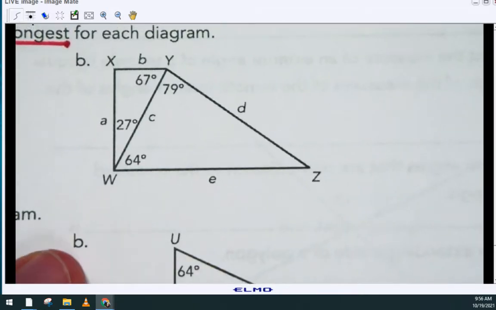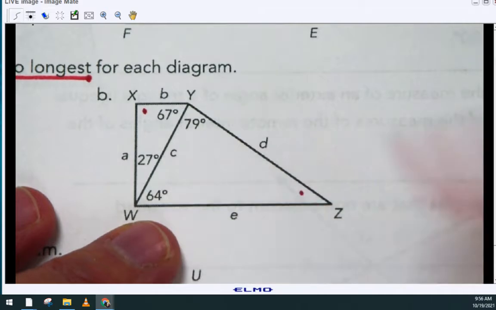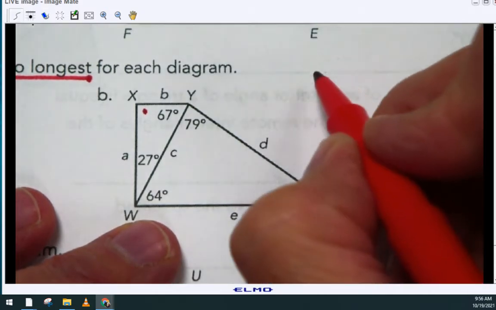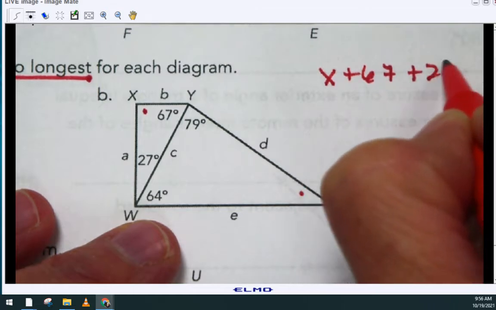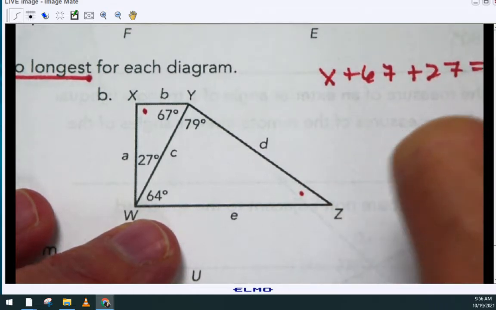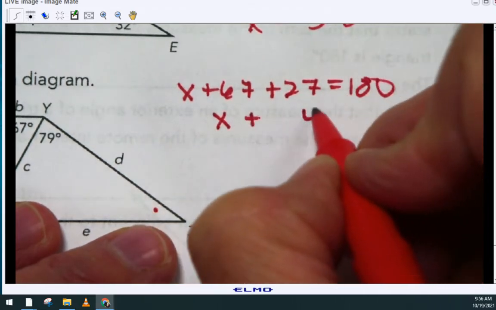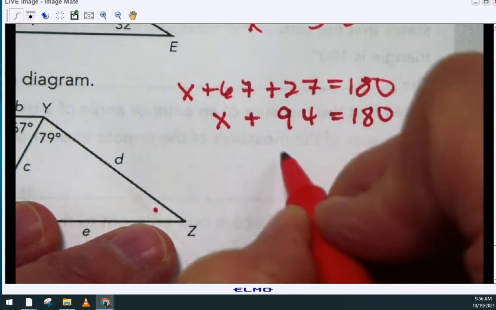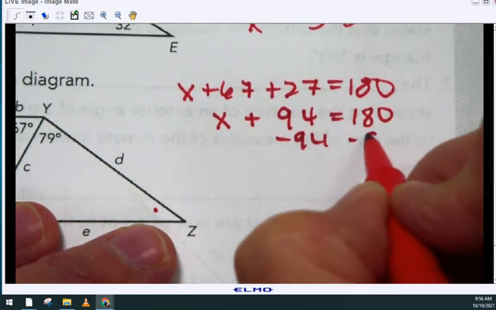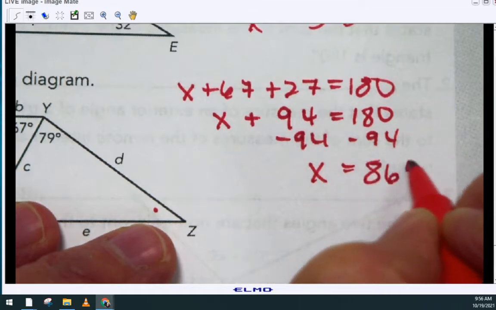Then over here, doing the same thing, I still have to figure out this angle here and this angle here. So x plus 67 plus 27 equals 180. X plus 94 equals 180. Subtract the 94 from both sides, and I get x equals 86 degrees.